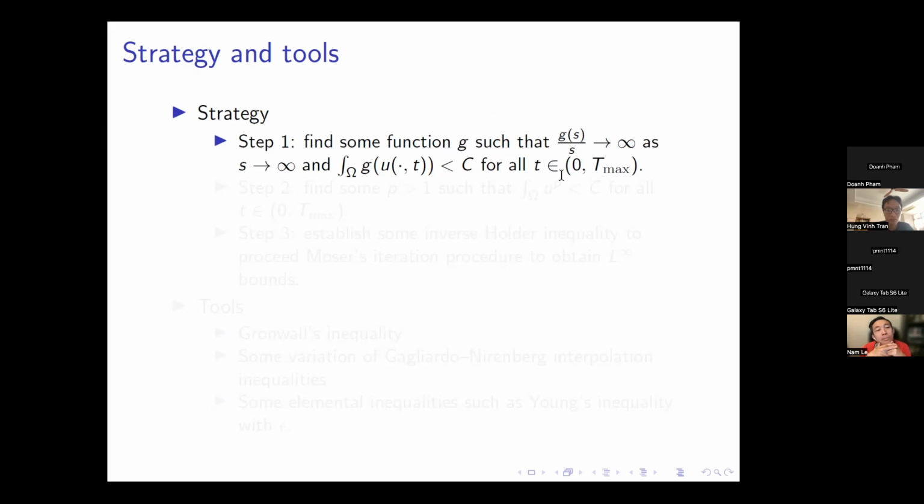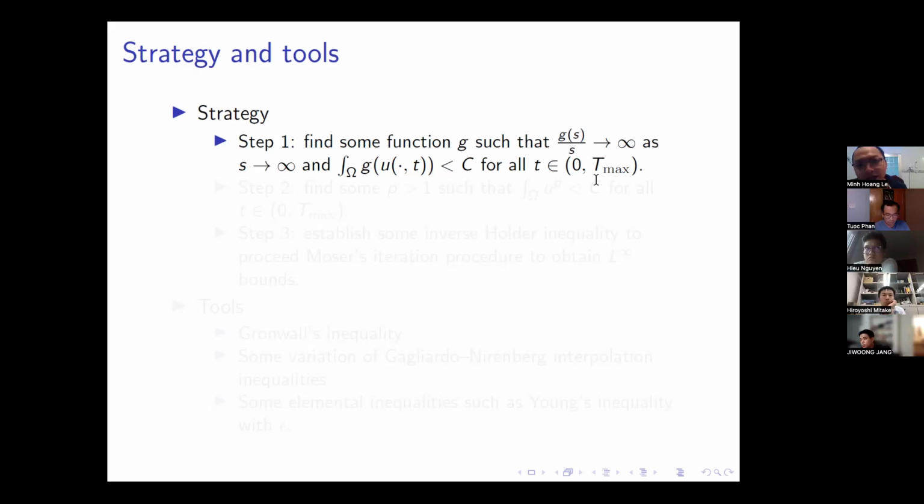We can use something like u (log u) to the power k, and it suffices to avoid blow up. So this is the new idea, the only new idea that we obtain compared to other results. The strategy here is common in many chemotaxis papers, but this is something new.